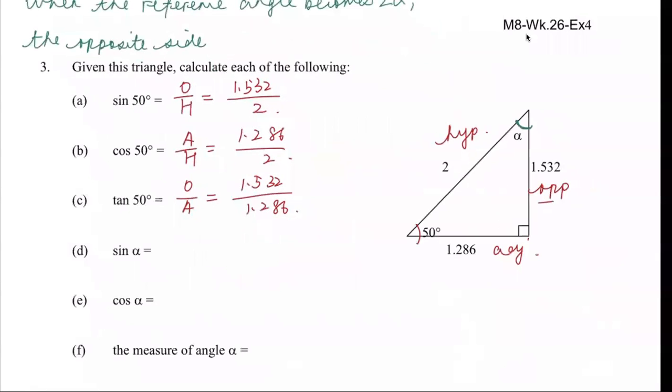so this is alpha, right? The opposite side, instead of 1.532, will be 1.286, because this side is the one that's across from the reference angle, right?